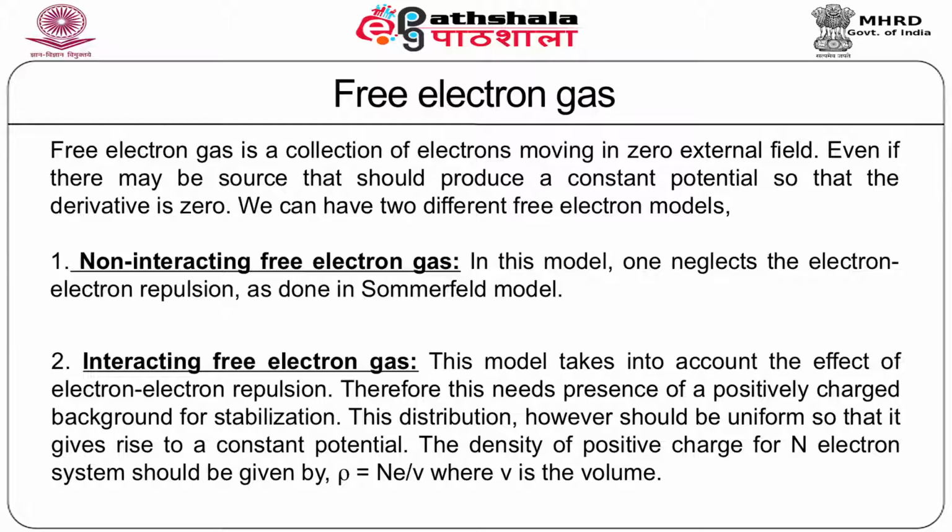The distribution of this positive charge, however, should be uniform so that it gives rise to a constant potential. The density of positive charge for an N electron system should be given by rho equal to N_e divided by V, where V is the volume of the system.